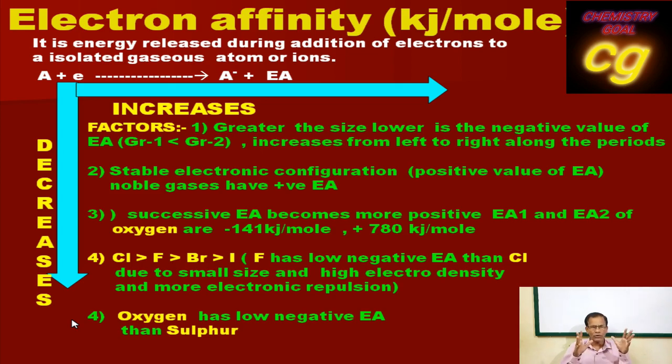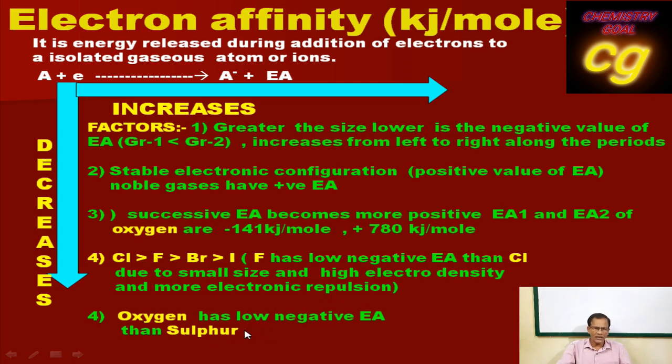Fluorine is smaller in size, so the electron repulsion is more between the added electron and the outermost electrons. That's why less energy is released compared to chlorine. That's why the electron affinity order is chlorine greater than fluorine, then bromine and iodine. So fluorine has low electron affinity due to small size and more electronic repulsion. Very important, that is the answer. You have to remember this explanation.